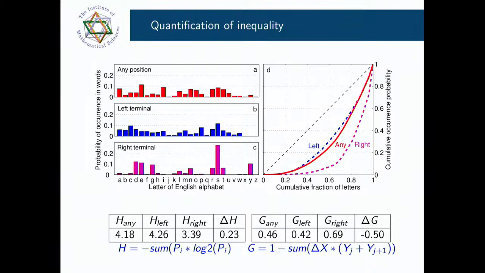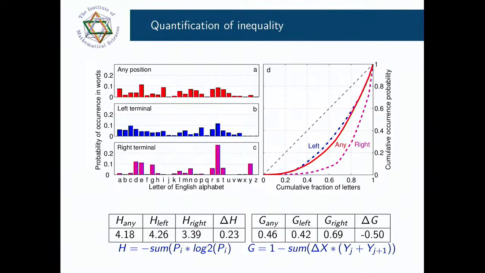But here, the case is a little reverse. The left is lower, right is higher, but the delta G is negative. So you don't need to focus on this part. You just say what is the sign. The negative here, positive there. So for a moment, ignore it.